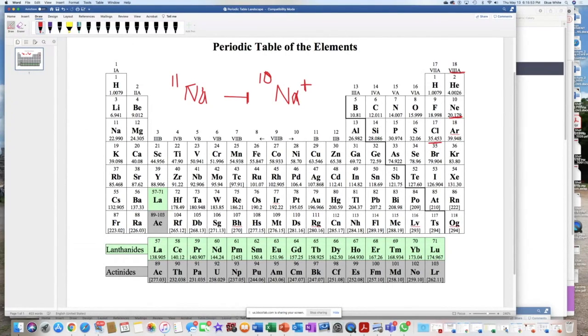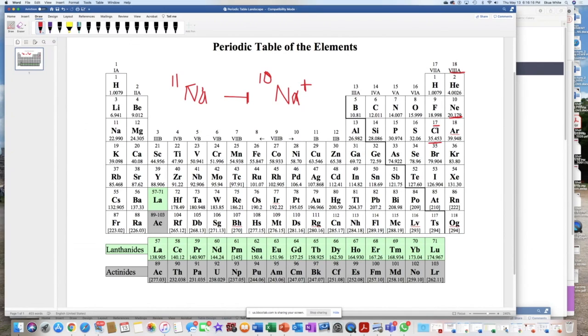If chlorine was planning to be like neon, chlorine would have to lose 7 electrons. Elements can only lose 1, 2, or 3. Not beyond 3. The level that we're learning right now, 1, 2, or 3, and that's it. They can also gain 1, 2, or 3. And elements can gain electrons for stability.